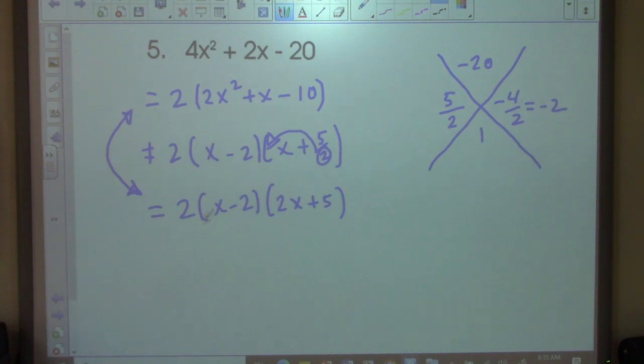Well, if you had 2x minus 4 times 2x plus 5, you could get that, and you get this, but then you wouldn't have this 2 factored out, right? So you have to do this greatest common factoring first to get the fully factored form, which is this one. Okay?